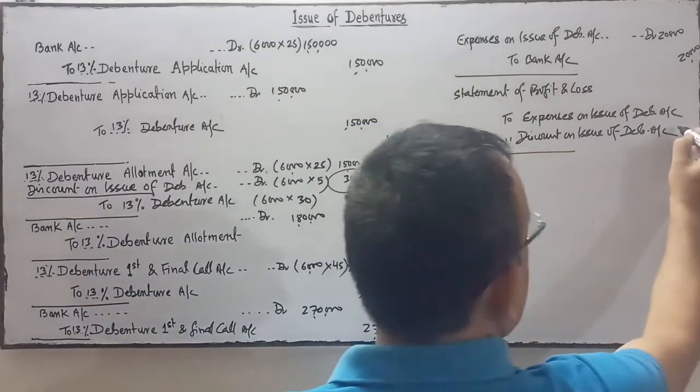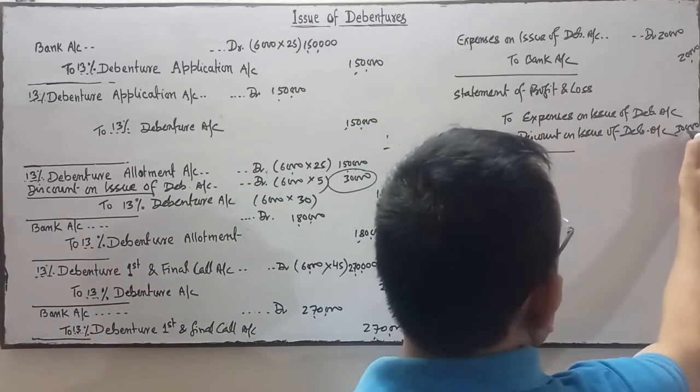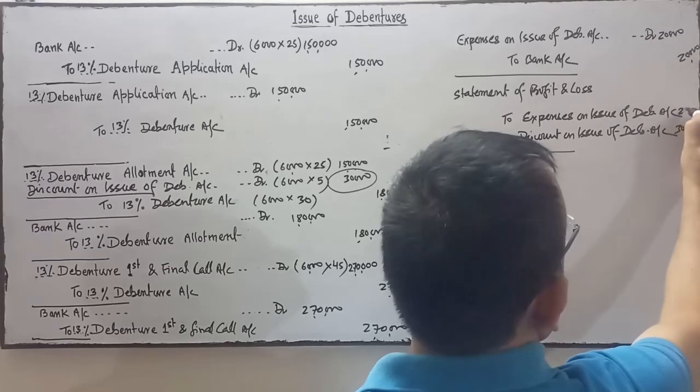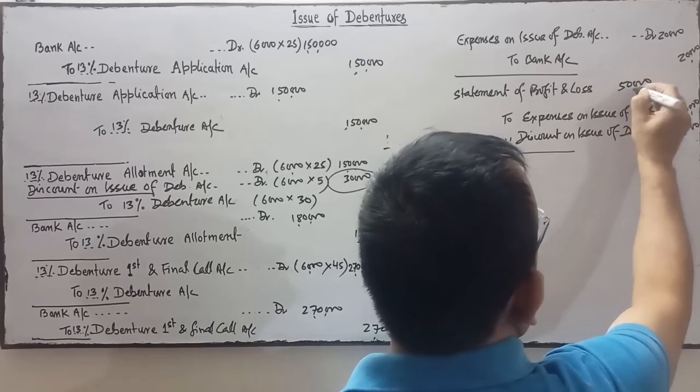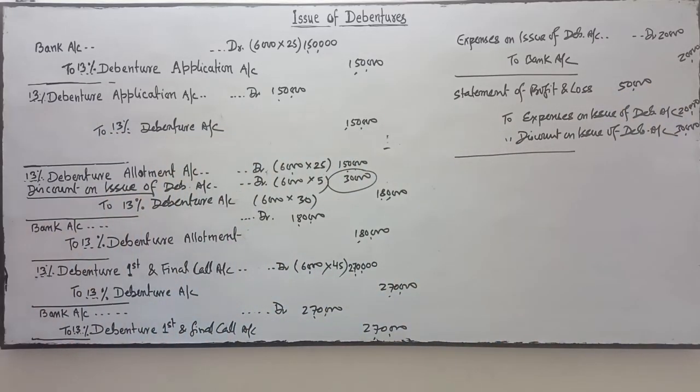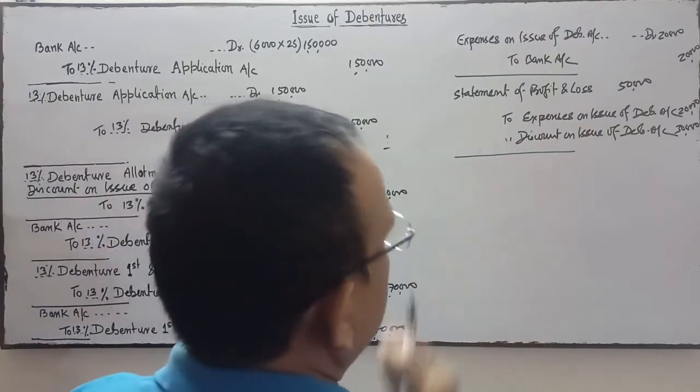So the loss is how much? 30,000 is the discount on issue, 20,000 is the expenses, so total is 50,000. This is going to be written off from the statement of profit and loss.